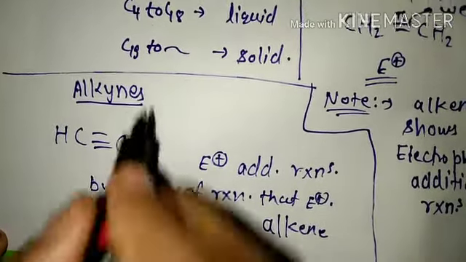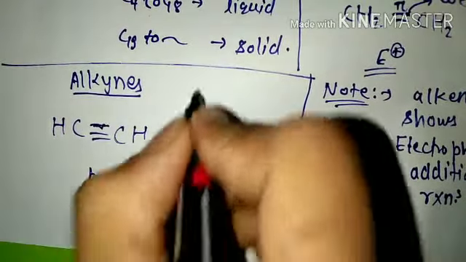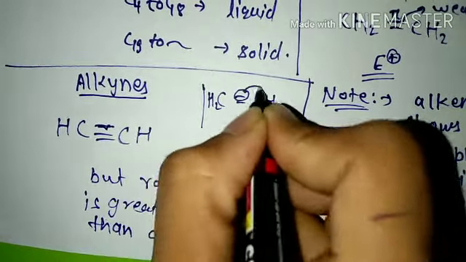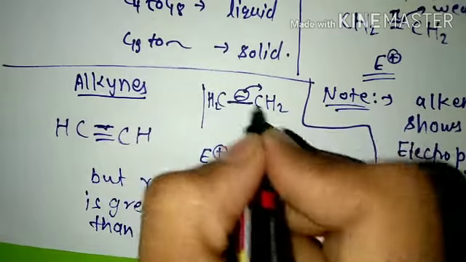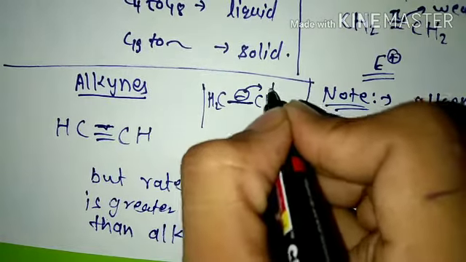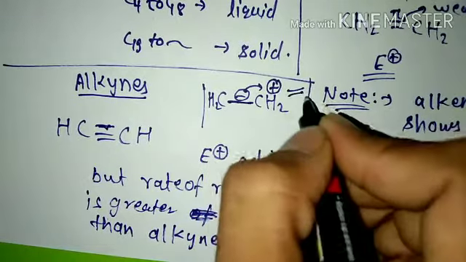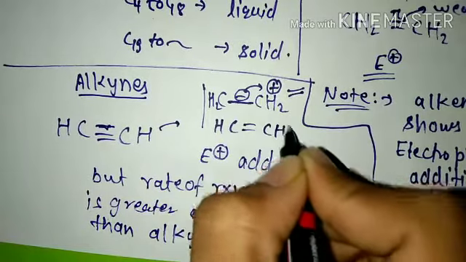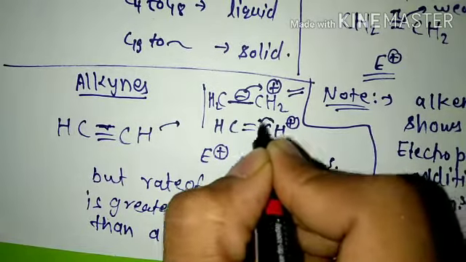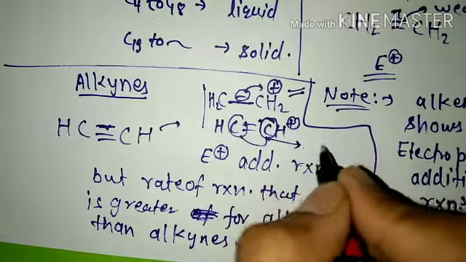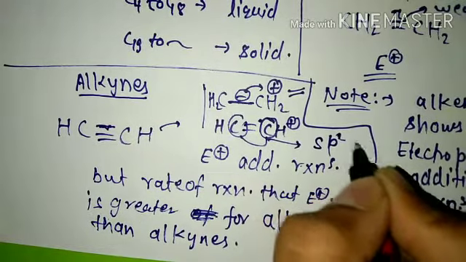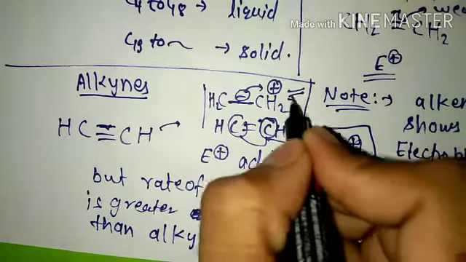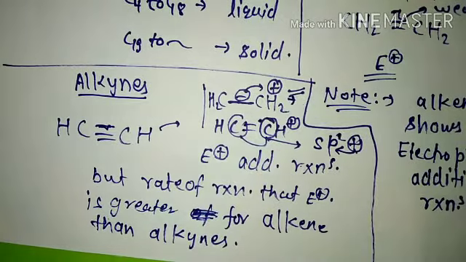This is because in alkene, when this bond breaks in presence of electrophile, then only a single bond remains between both carbon atoms and a carbocation is formed. It is more stable here, but in case of alkyne, a situation is formed like that. Here the carbon, this and this both are sp2 hybridized, and positive charge on sp2 hybridized carbon is less stable than positive charge on sp3 hybridized atom.